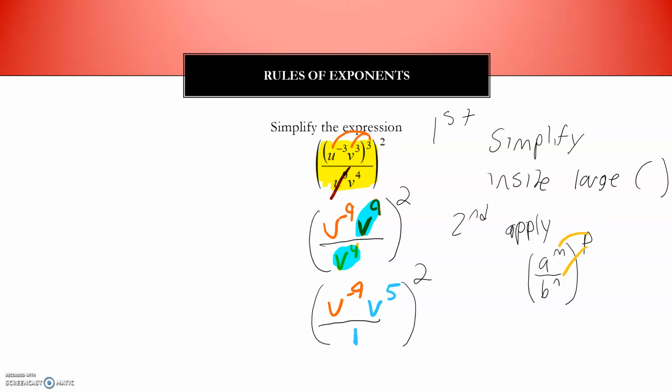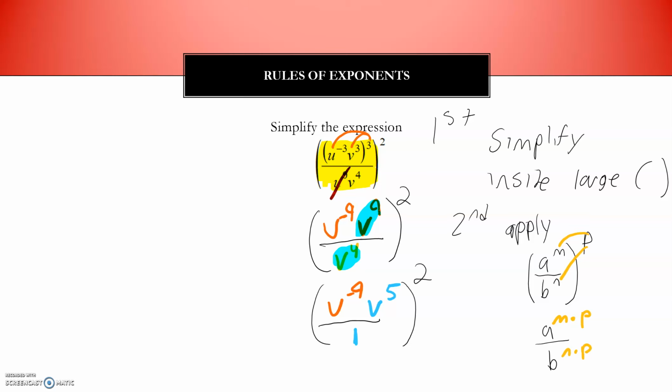So I'm going to apply that power of p to everything in that expression. So I'm going to have a to the m times p. I'm going to have b to the n times p in the denominator. So I'm going to do that here.